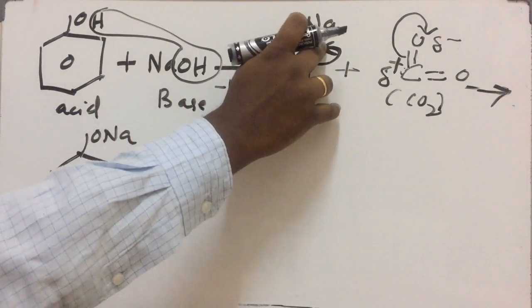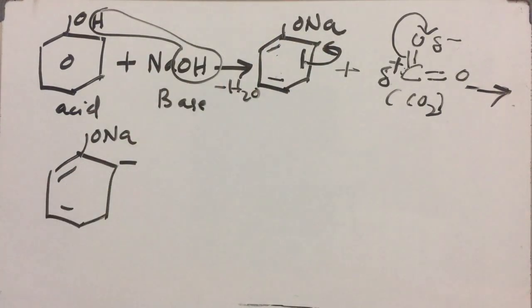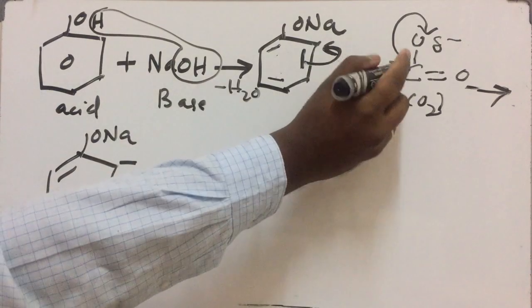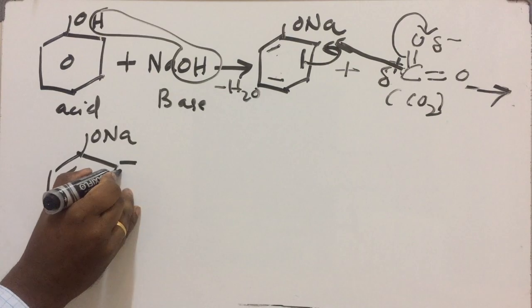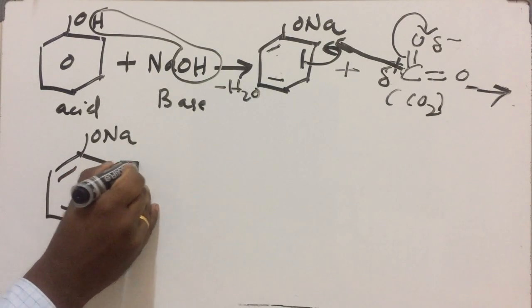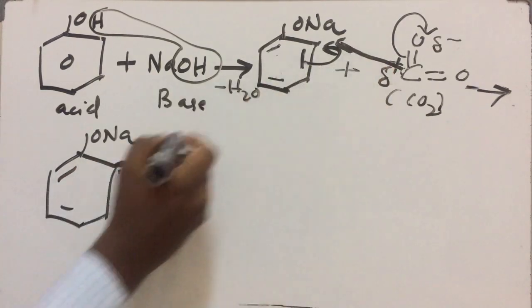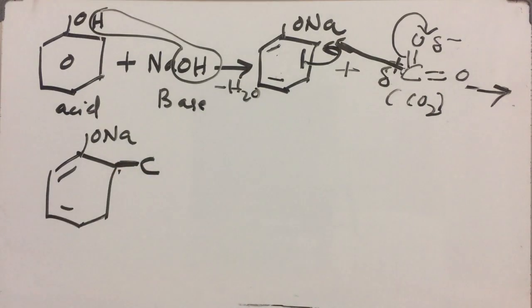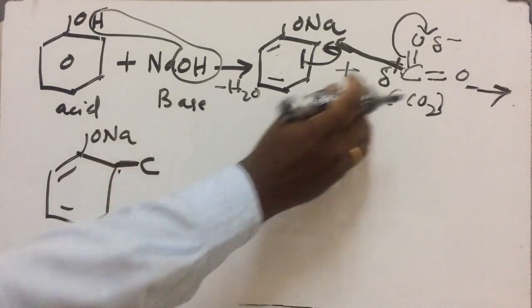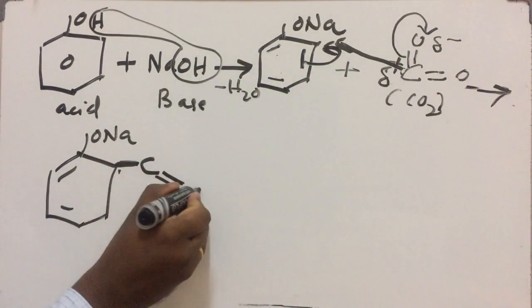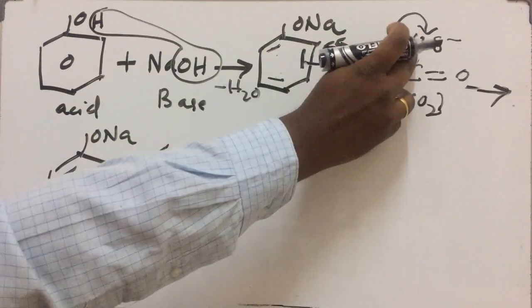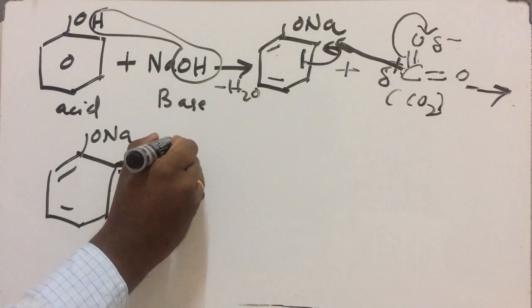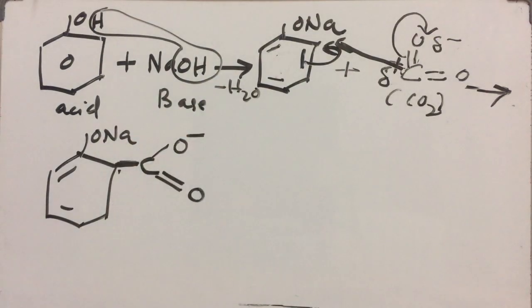After shifting, this carbon becomes negative. Then the positive carbon will add to this negative charge. So the negative charge and positive make a bond, C. Then double bond O, no change. Then for the other double bond O, the pi electron has already shifted to oxygen, so it becomes O negative.